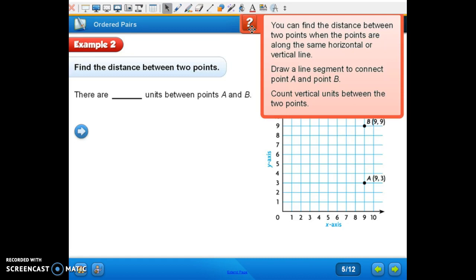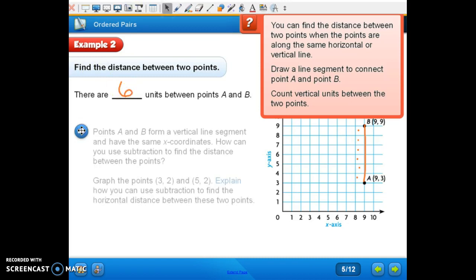Draw a line segment to connect point A and B. Count vertical units between the two. So we're going to connect these 2 points, A and B, and then we're going to count. There's 1, 2, 3, 4, 5, 6 spaces between it. So there are 6 units.